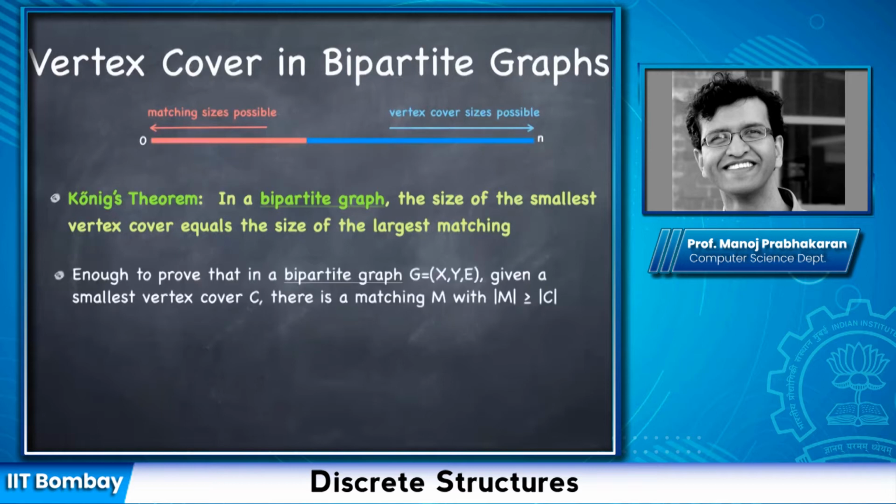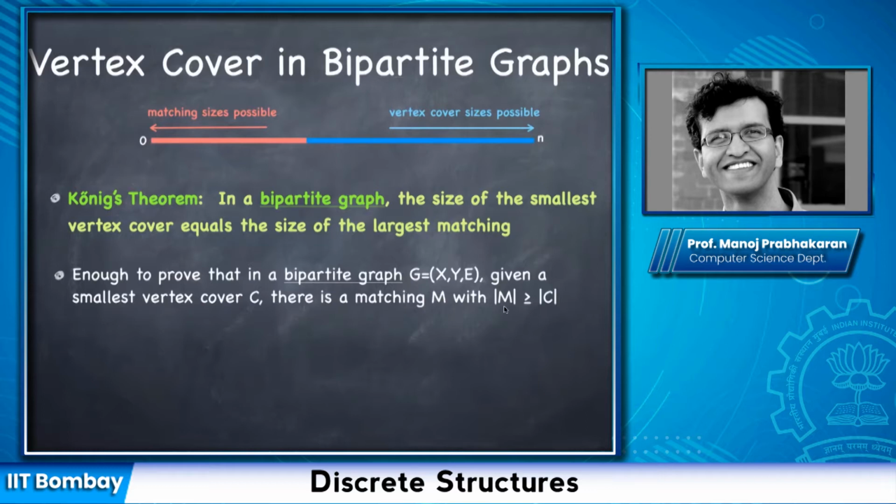So the interesting direction to prove is that if the smallest vertex cover is of a certain size, then actually you can find a matching all the way to meet that vertex cover.